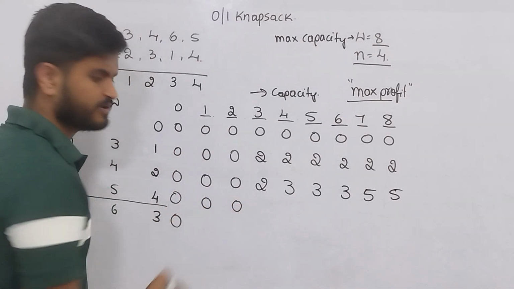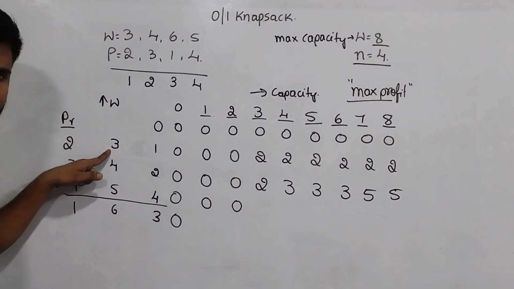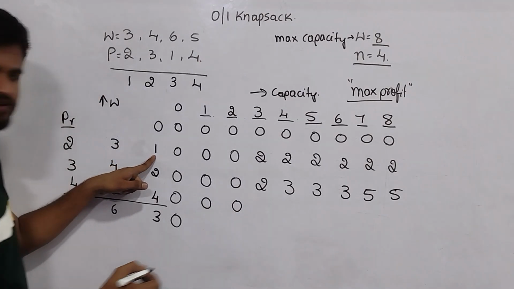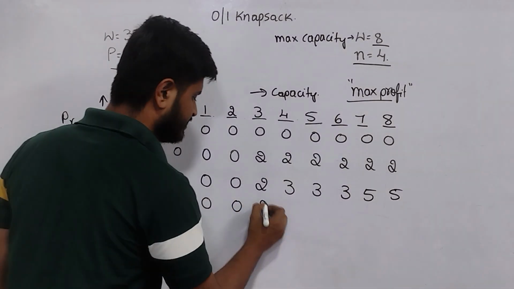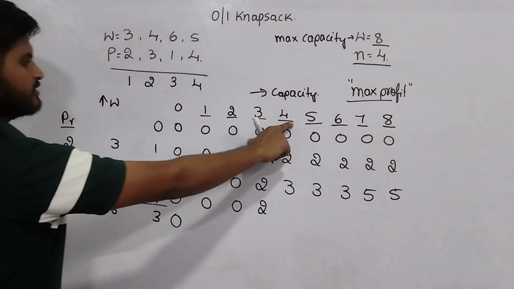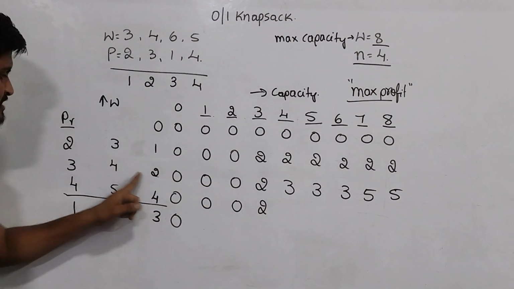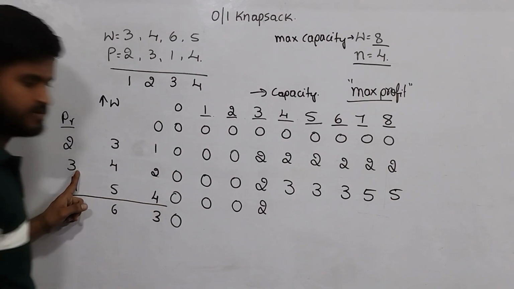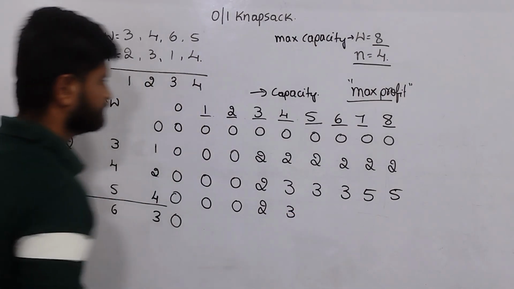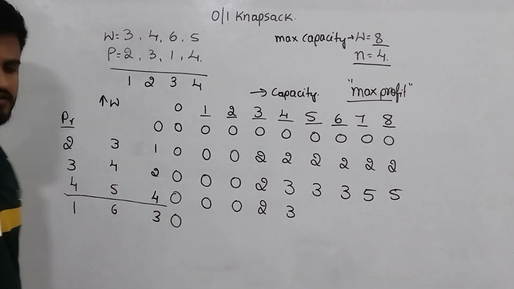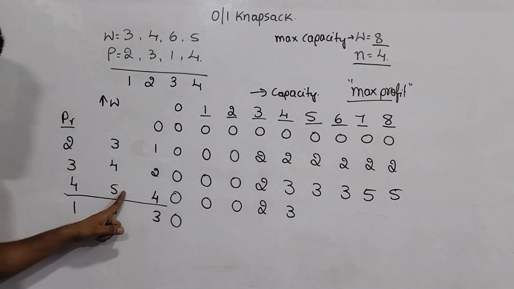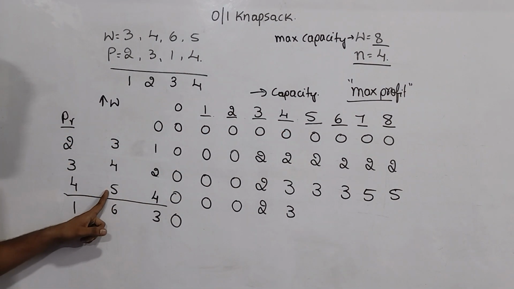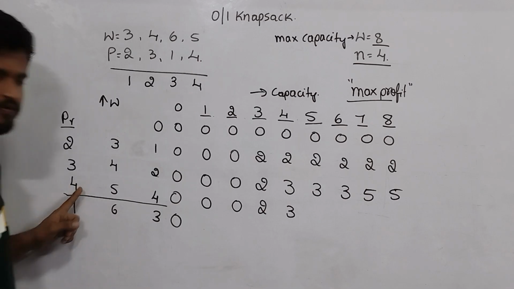Capacity is 2, you can't place any item. Capacity is 3, so you can place the first item directly with its profit 2. Next, capacity is 4, you can place second item with its maximum profit of 3 directly. Next, capacity is 5, so you can place the fourth item with weight of 5 and profit is 4.